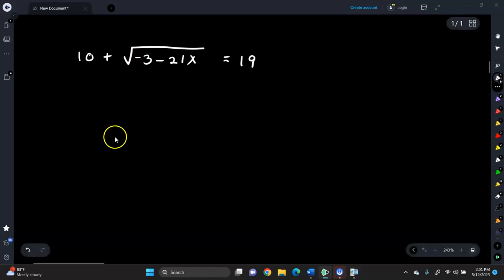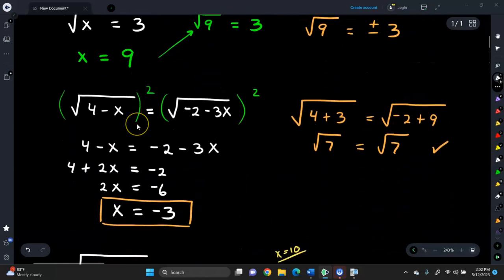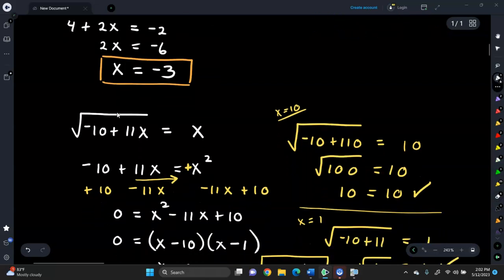Notice in the other two problems that I showed you, the first one had a square root on both sides, but it was just one square root, so when I square both sides, it got rid of the square root. In this example, I had a square root on one side and then just an x on the other side. So squaring both sides was no big deal.